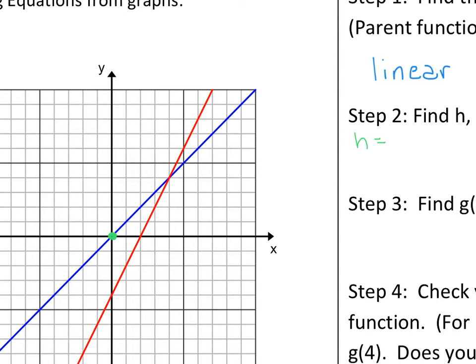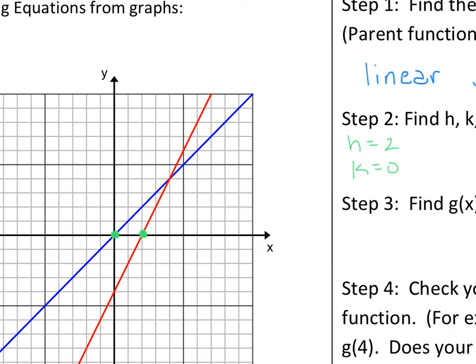I'll pick the easiest one. So it moved to the right 2, so our h is 2. Our k would be 0, that didn't change.